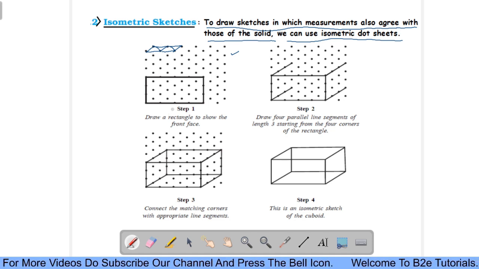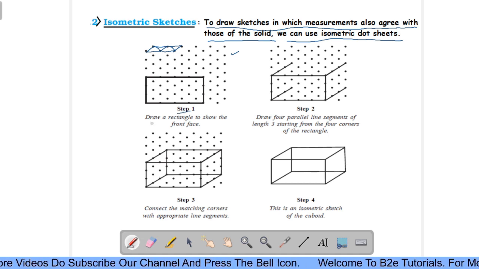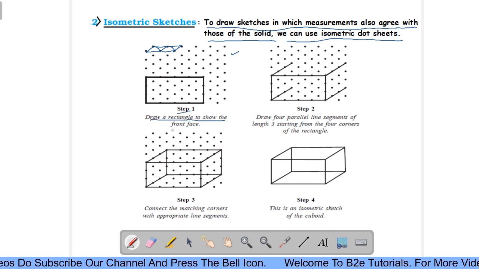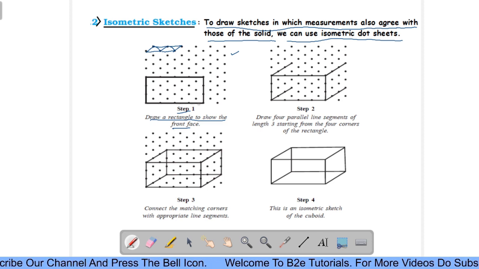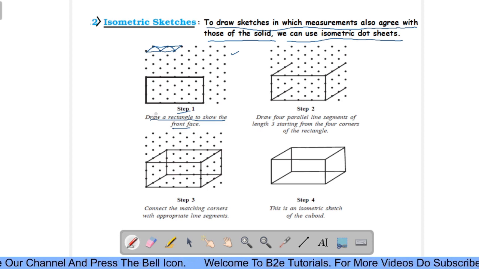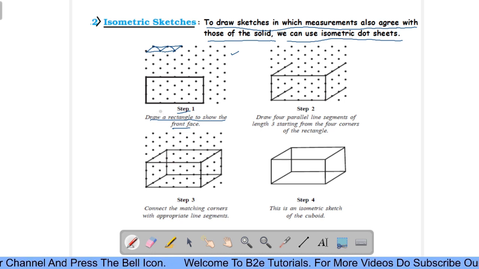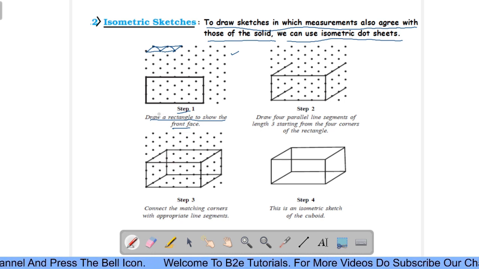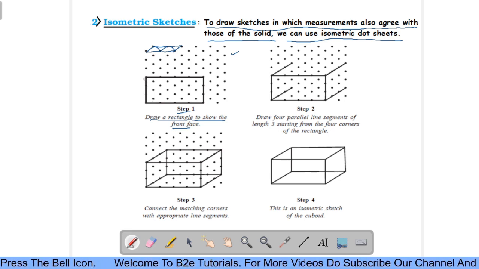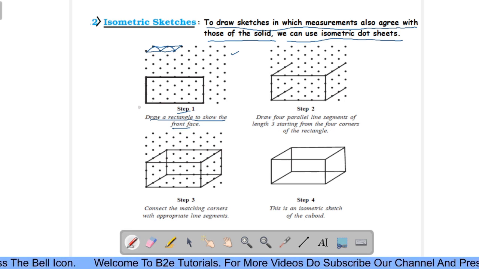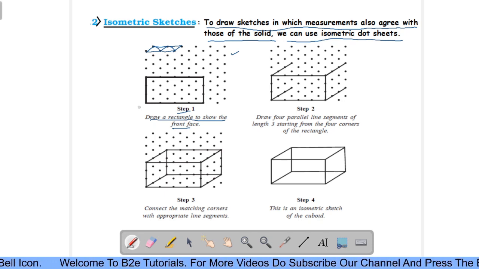Here, see the first step. Draw a rectangle to show the front face. Here how many dots are joined? 1, 2, 3, 4. It means the length is equivalent to 4 centimeter. And what is the breadth? 1, 2, 3. That is, the breadth is 3 centimeter.